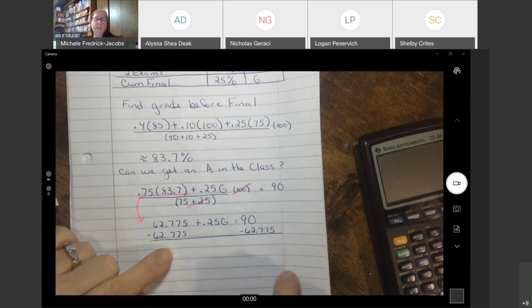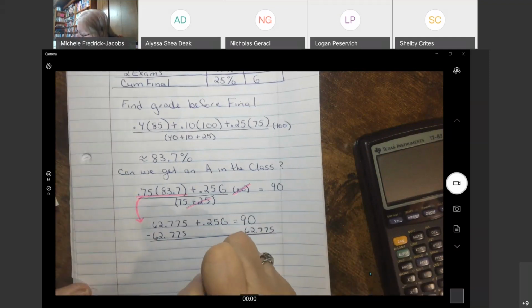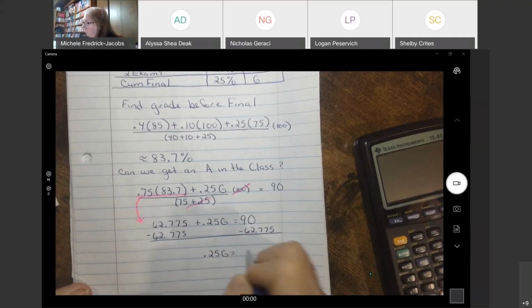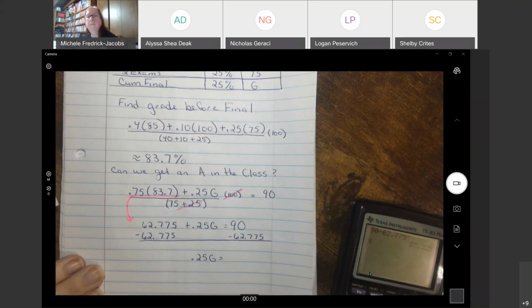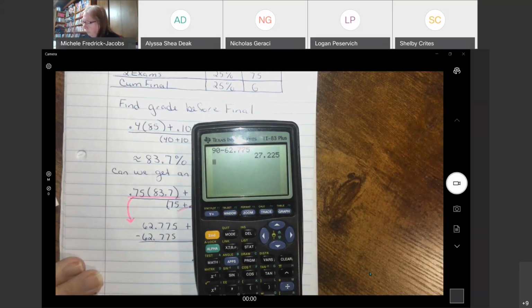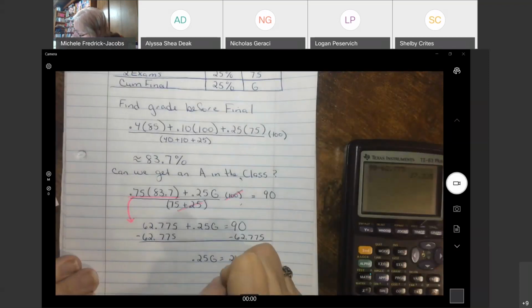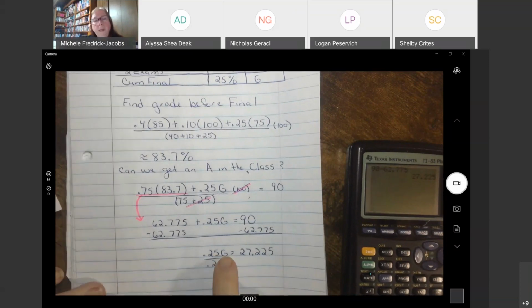If you're just doing it in a calculator, it's fine. I get 27.225. And then divide by the decimal. Always do the opposite. Since we're multiplying, we divide by it.